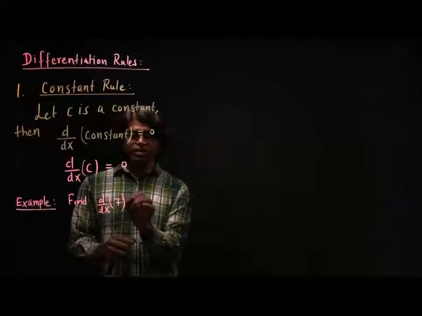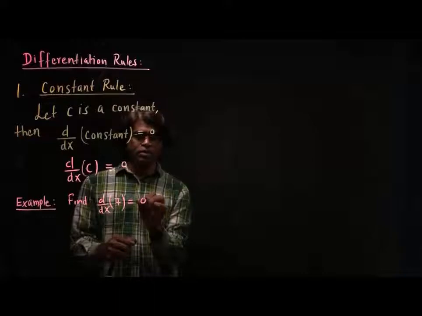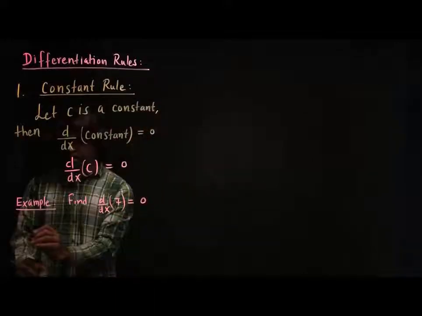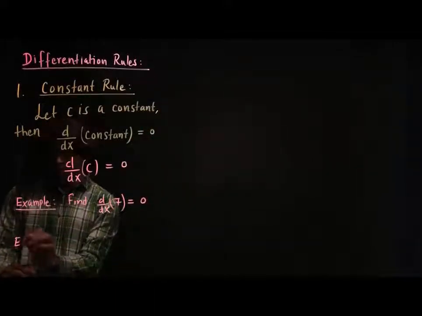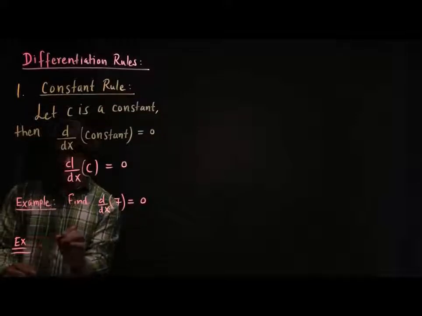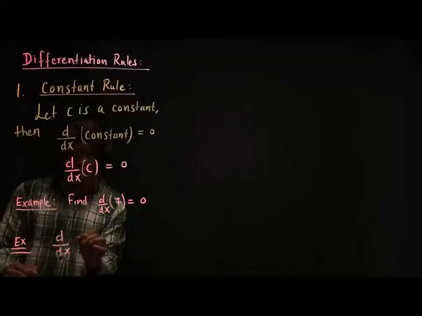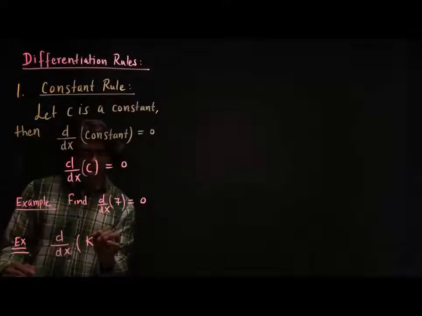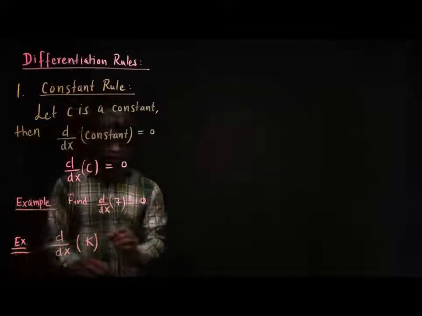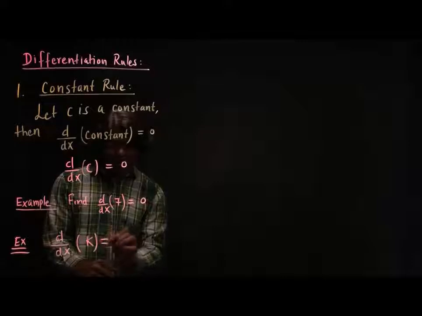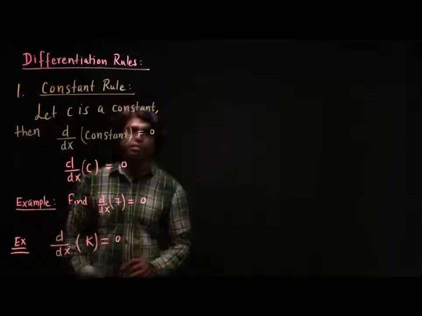So d by dx of 7 will be what? 0. Now let's consider another example. My example is d by dx of constant k. So if k is a constant, then d by dx of k is 0.